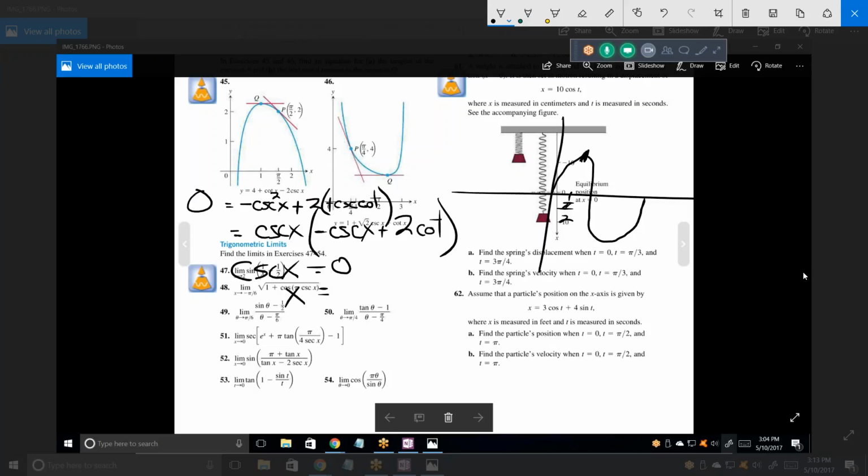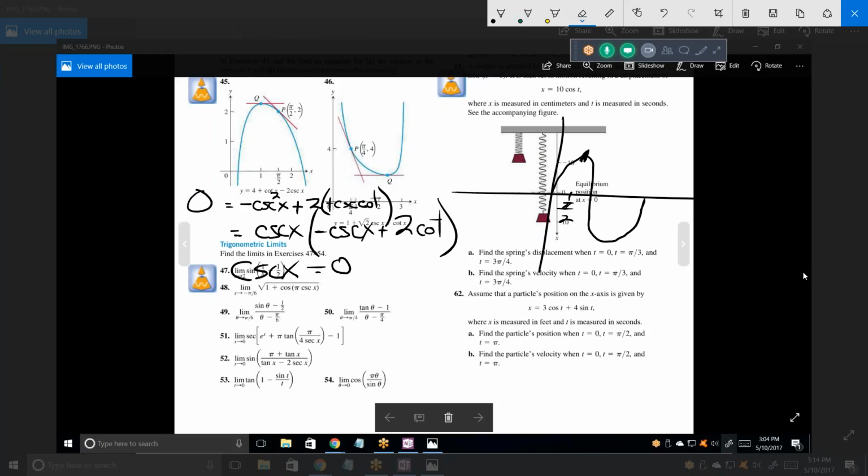So where is cosecant x equal to 0? Cosecant sits on top. It's never equal to 0. Remember what the range of cosecant is. Greater than 1 or less than minus 1. So this thing is never equal to 0. So we ignore that solution.